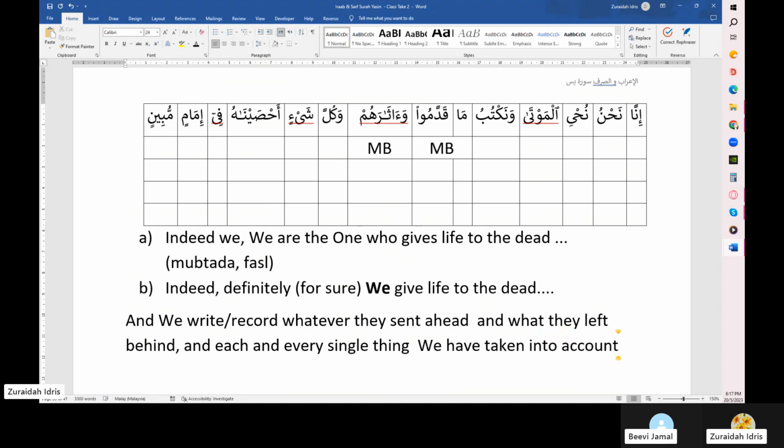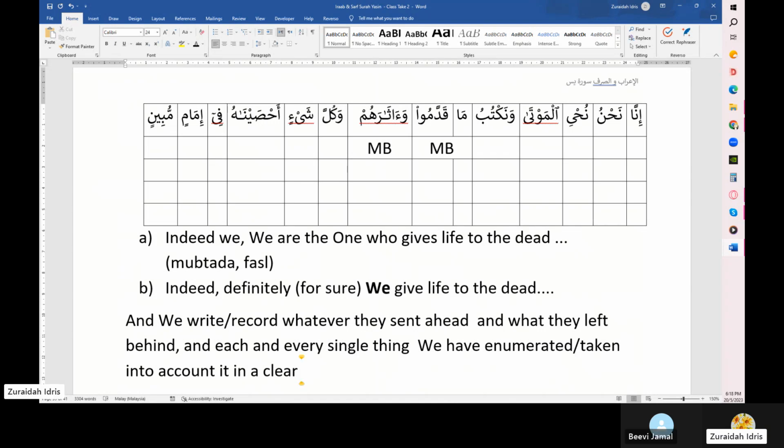We have taken into account. Counted it. Okay. We have taken it into account. We have enumerated, yeah. Taken into account it in a clear record.